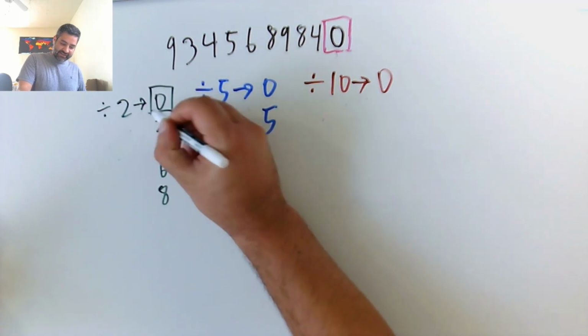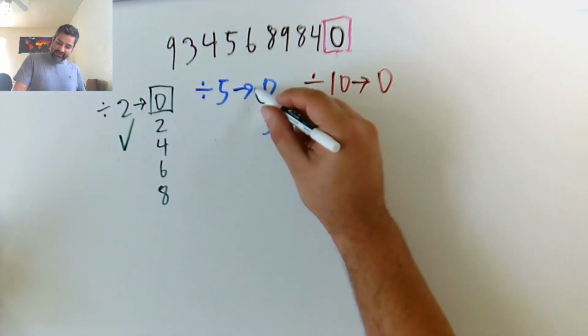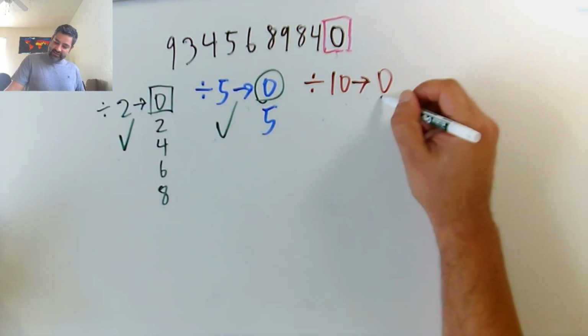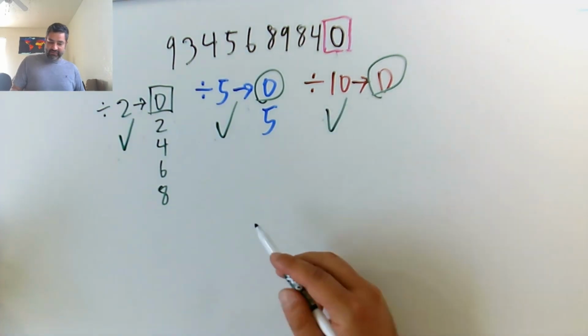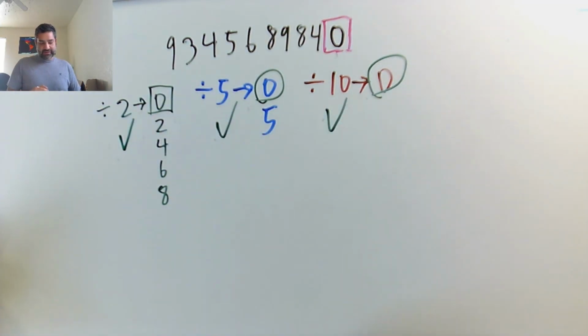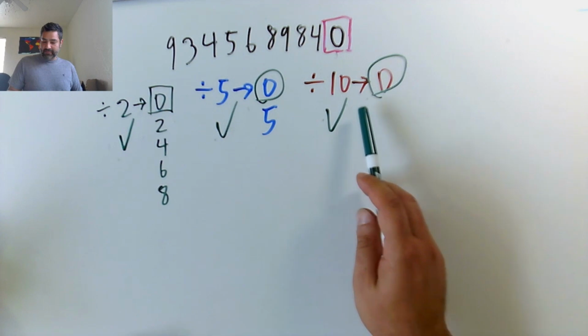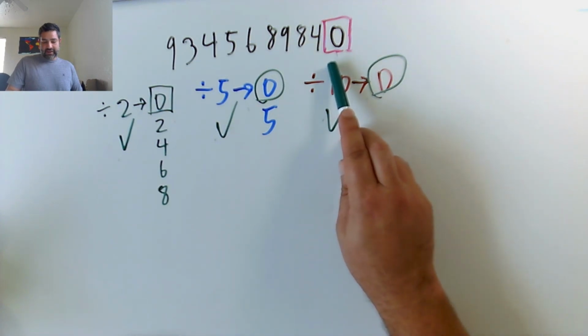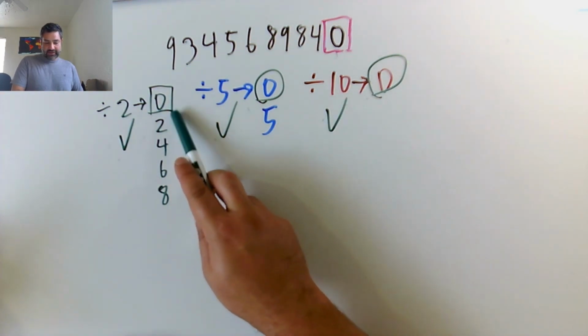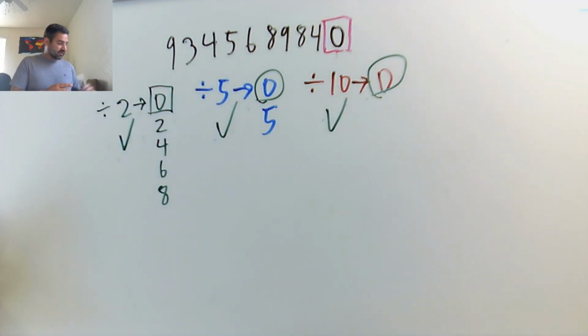There's a 0 right here, there's a 0 right here, and there is another 0. So this large number is divisible by 2, 5, and 10 because the last number is 0 and it qualifies for the rules for each of those three.